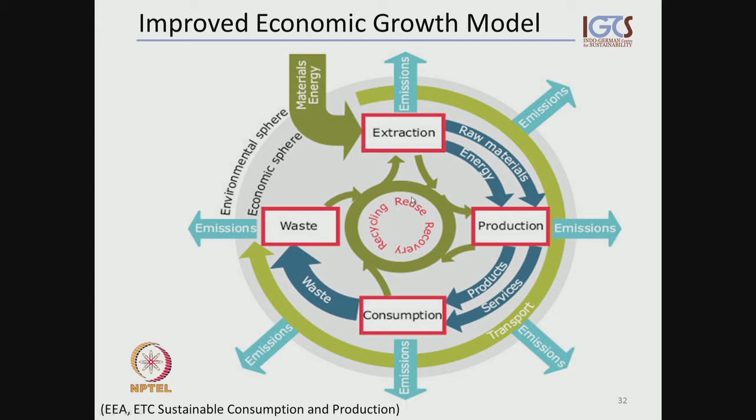But we have added another circle where we try to do reuse, recovery, and recycling, where we reduce the amount of emissions, we reduce the amount of waste, and we try to make this waste available as a resource again.